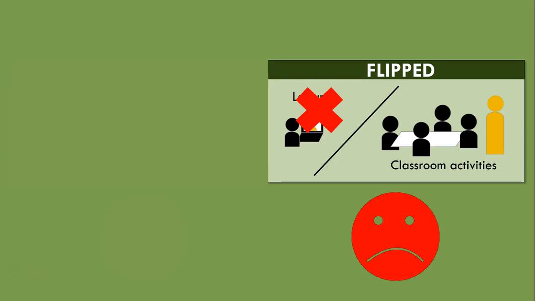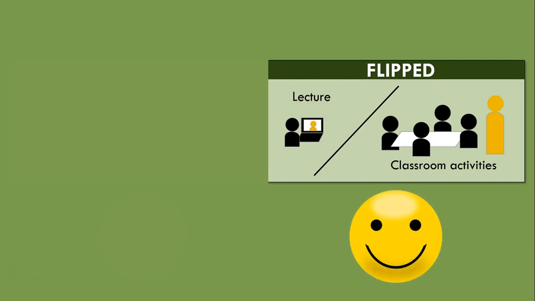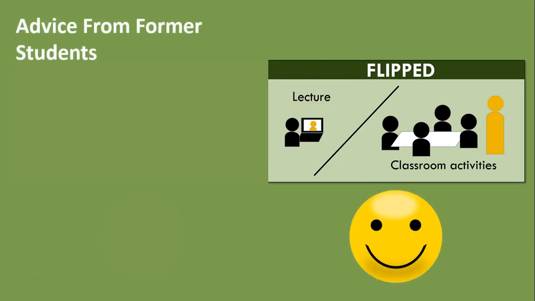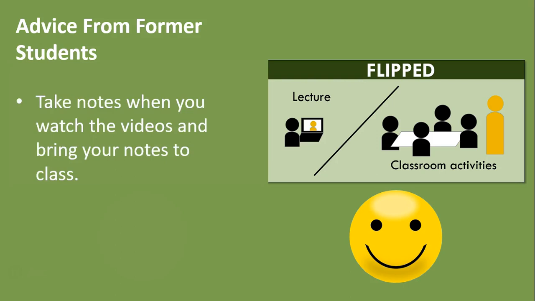So with that in mind, let me pass along some tips that were given to me by students who have been through my classes before and have seen what flipped learning is like. The first thing they say is that you should always take notes when you watch the videos, and bring those notes with you to class. Remember, the video is taking the place of a traditional lecture, so it's where you're getting that initial instruction.